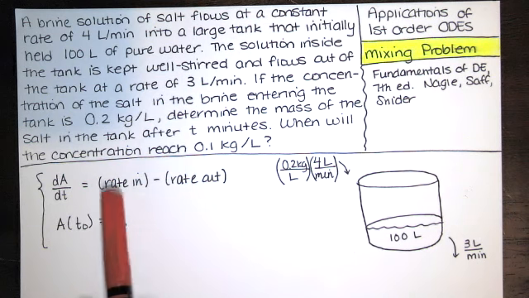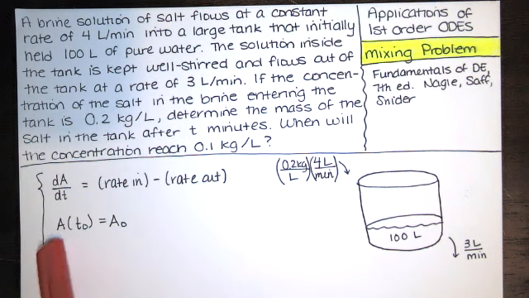It's common sense. So we just need to find the expression for the rate going into the tank and the rate of salt going out of the tank. And then you always have an initial condition as well. This is telling us the amount of salt at some point in time is equal to some amount. So that's usually in the problem statement somewhere.